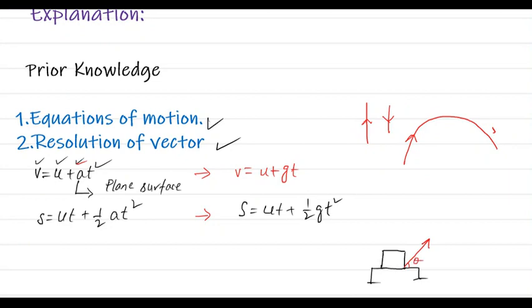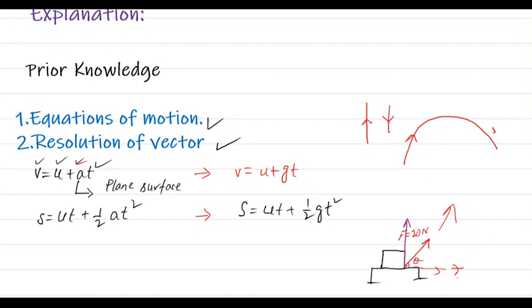The object will be displaced in this direction, but I am exerting the force in this direction. Let's suppose my force is 20 Newton. It means that only some part of that 20 Newton is utilized to displace the object horizontally. So where is the other part going? The other part is acting in the upward direction.